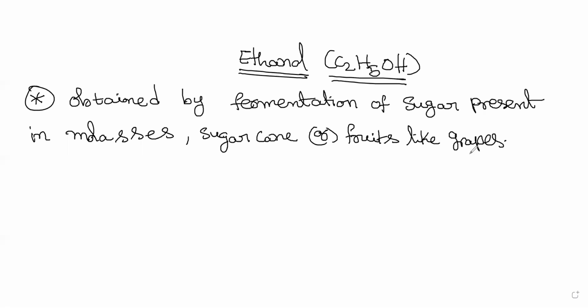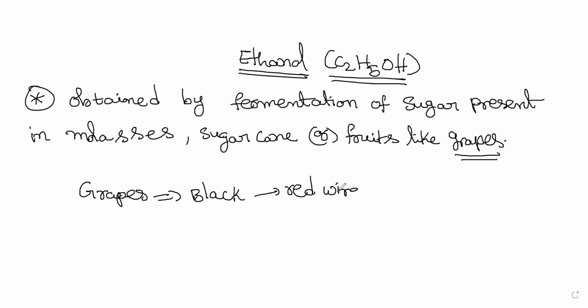So this normally comes from grapes. They get wine from grapes. In Kerala, generally they make it, especially from black grapes. They take the black grapes and make red wine out of it.